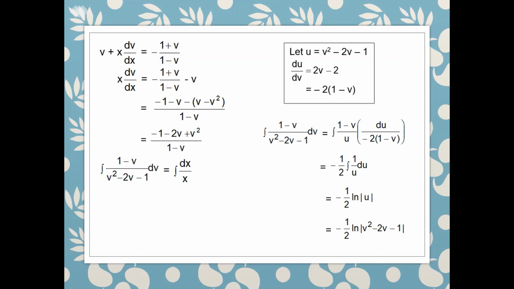Replace u with v squared minus 2v minus 1. Replace the v back with y over x, and you should get the final answer: negative 1 over 2 ln of (y squared over x squared minus 2y over x minus 1) equal to ln x plus c.